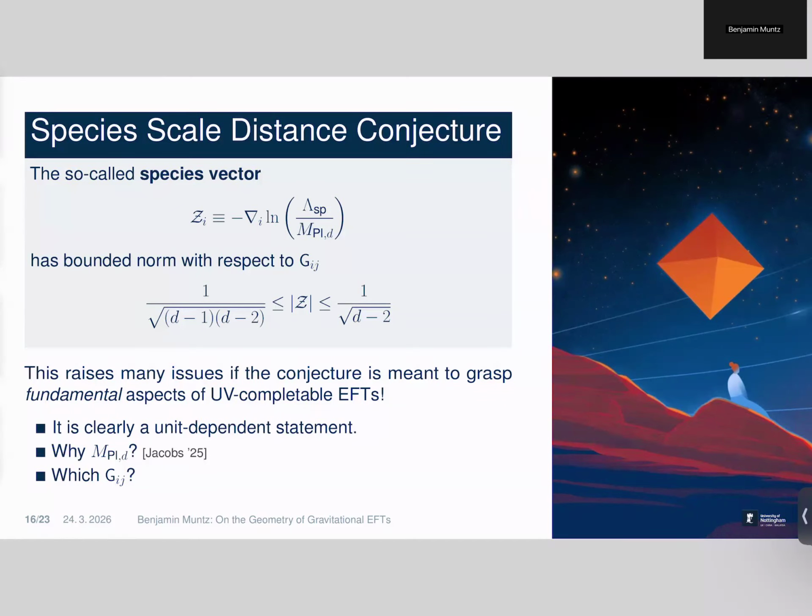And it's a bit odd that one would want to work in terms of a unit that generally sits above the cutoff. So why does it need to be this in general? And also, why this metric Gij, which one do we pick? We have one in Einstein frame, one in Jordan frame, so one would maybe want to specify which one it is. And so we wanted to unpack some of these questions.